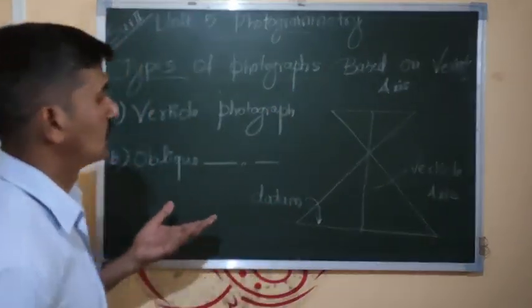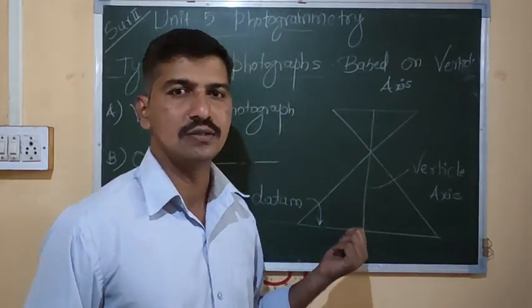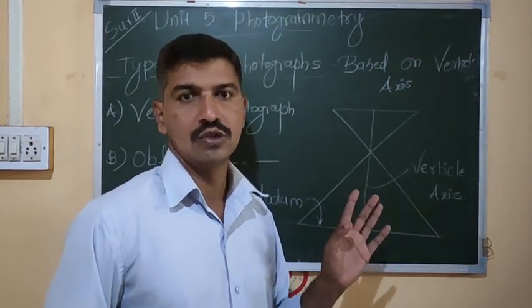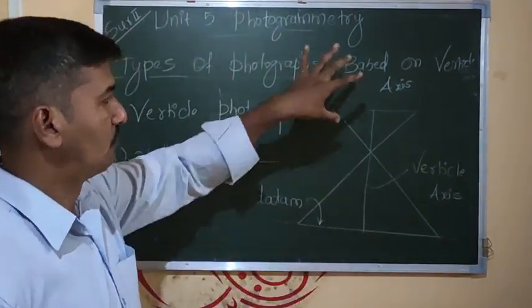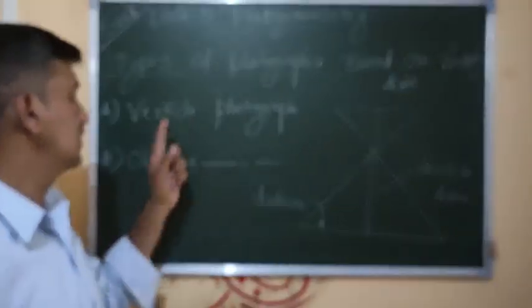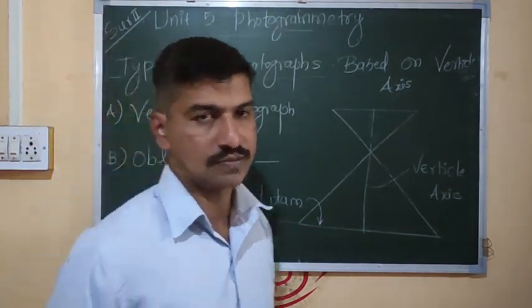However, it is most difficult to keep your vertical axis exactly perpendicular with the datum surface. If your vertical axis is not perpendicular with the datum surface, then those photographs are called oblique photographs.